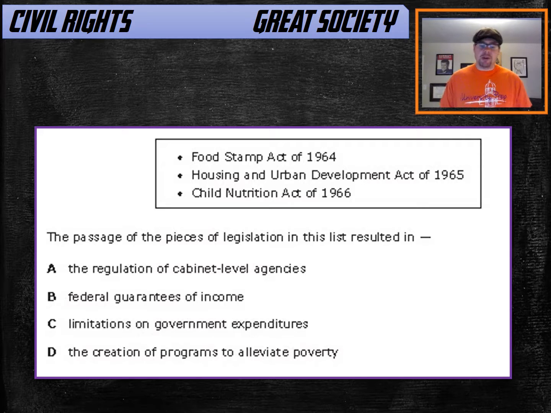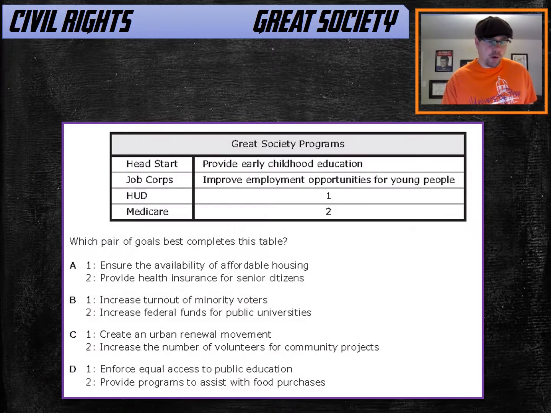Answer choice D, the creation of programs to alleviate poverty. That was the whole idea of the Great Society. So if you're looking at a box like this one, look for Medicare and Medicaid, look for housing and urban development, and also look for the years. Anything between 64 and 68 would be by LBJ, and that would be part of the Great Society programs.